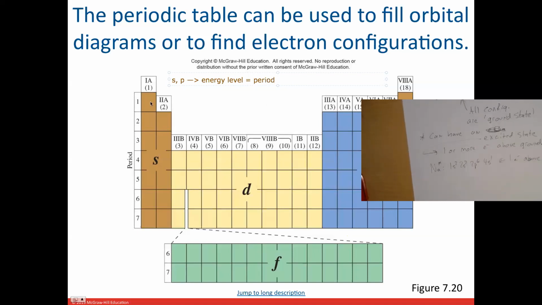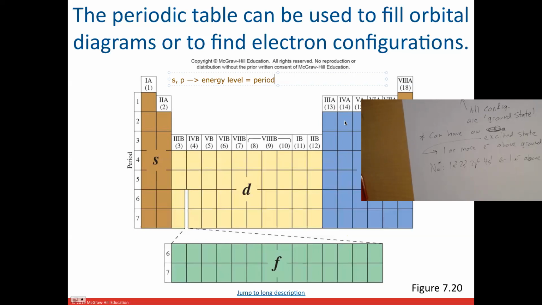So if I'm in the first period, I'm filling the 1s. If I'm in the second period, I'm in the 2s. What if I'm in the 5th period? The 5th period would be the 5s. What if I'm over here, let's say, in this spot right here? That would be 3p4, because it's 4 electrons into the p block of the 3rd energy level.